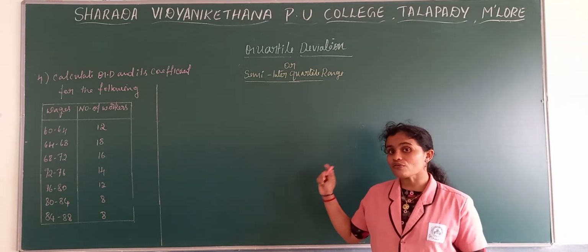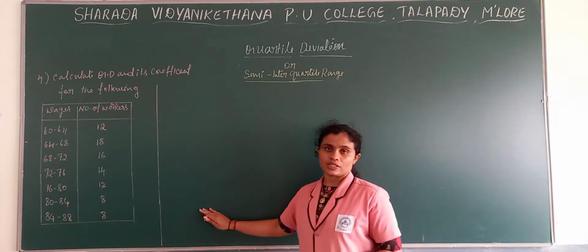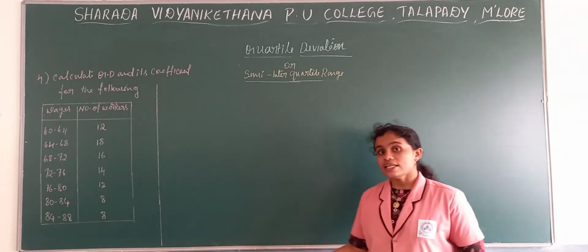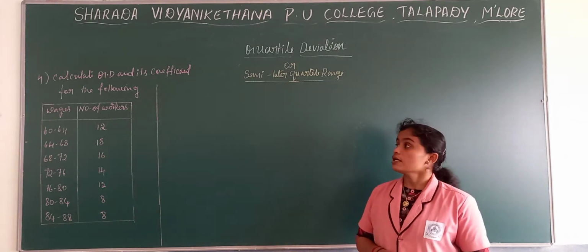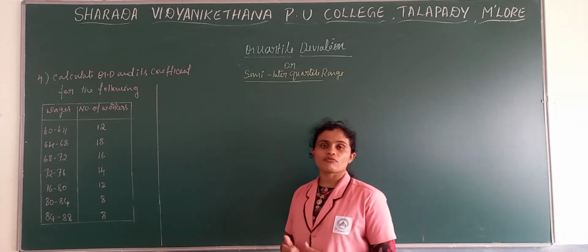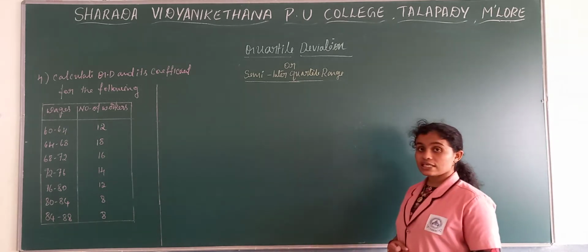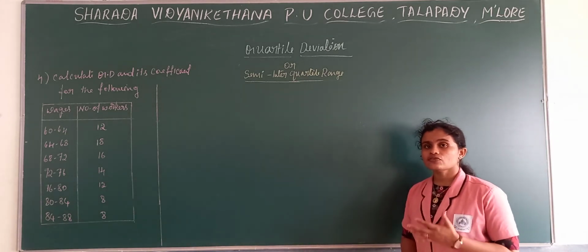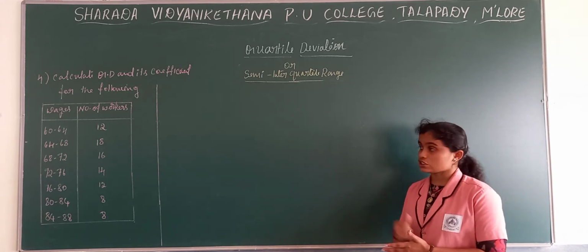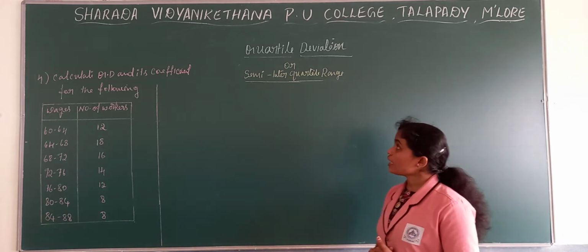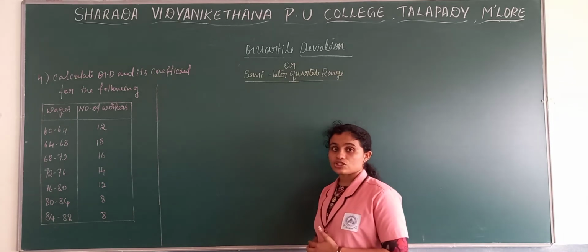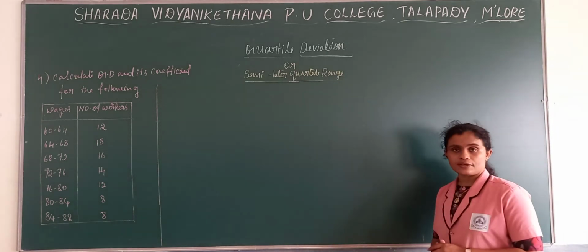It is a continuation of those. Quartiles come here in case of quartile deviation. Next, measures of dispersion means the variations: range, quartile deviation, mean deviation and standard deviation. Now we are at the second one, quartile deviation or semi-interquartile range.